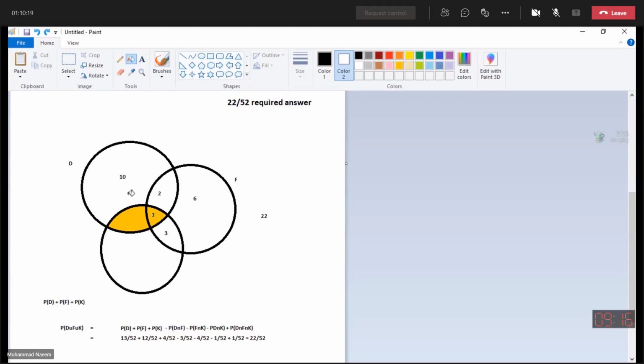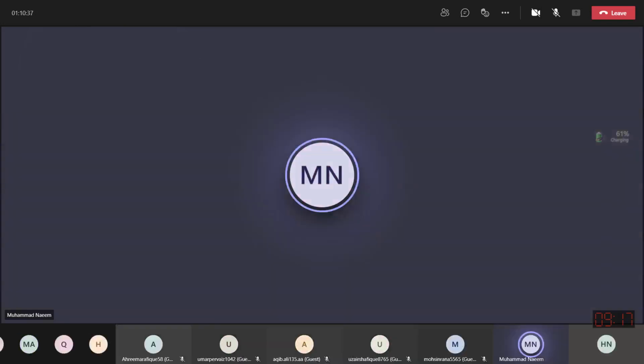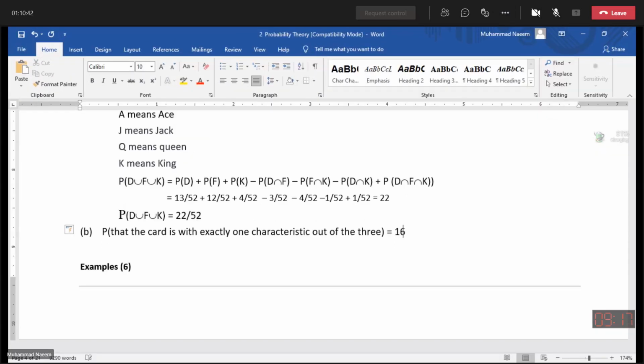But these 10 and these 6 have exactly one characteristic. So only 16 cards have exactly one characteristic.